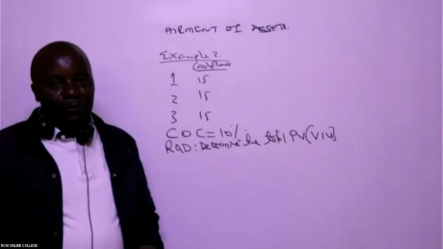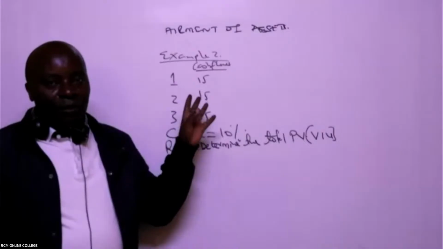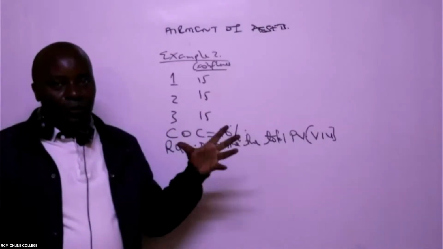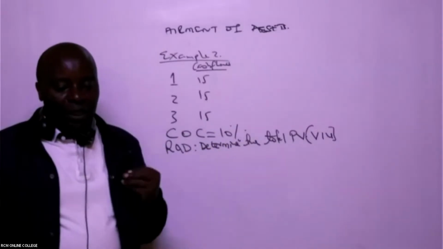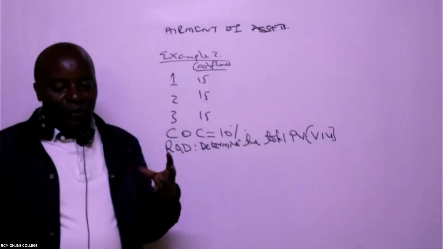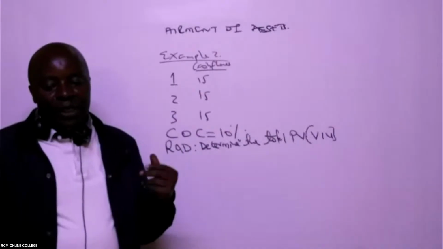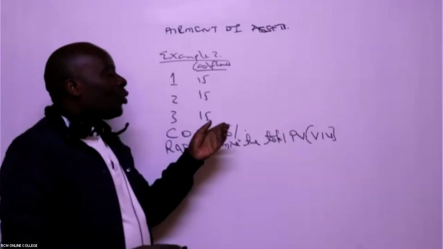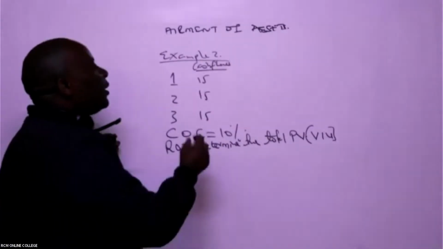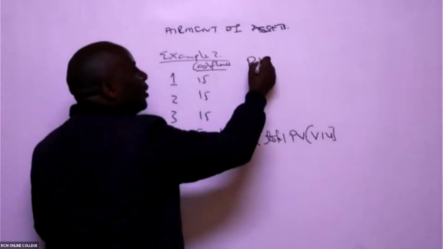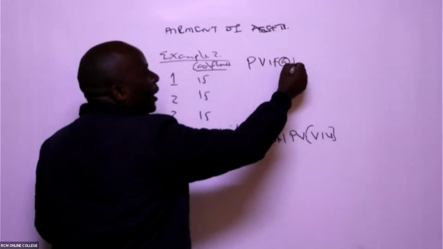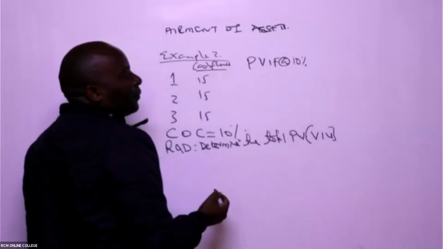Is there somebody who is able to make a comment even before I continue? What do you imagine of this 15, 15, 15? Yes, it's an annuity. But first of all, before I show you the concept of annuity, you can still go ahead and use PVIF at 10%.